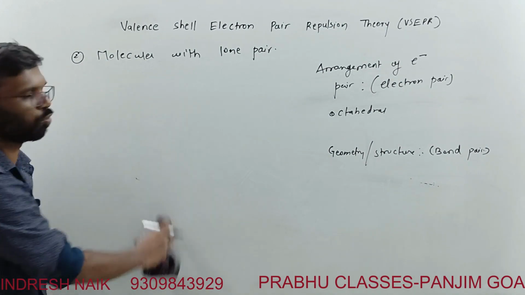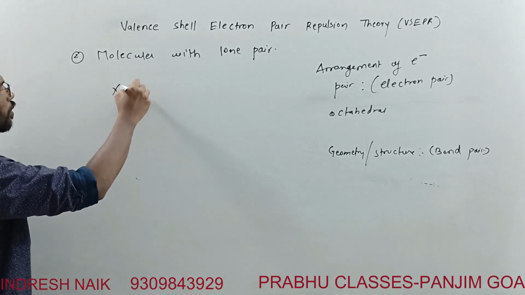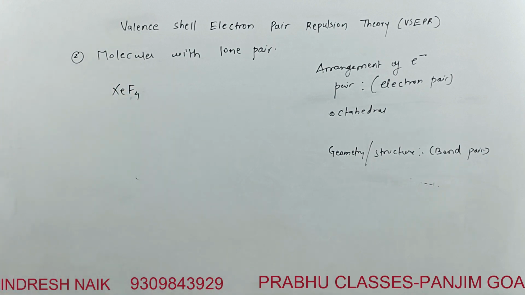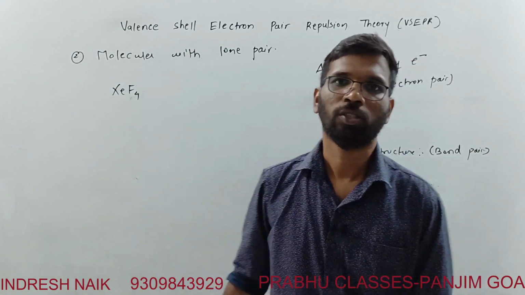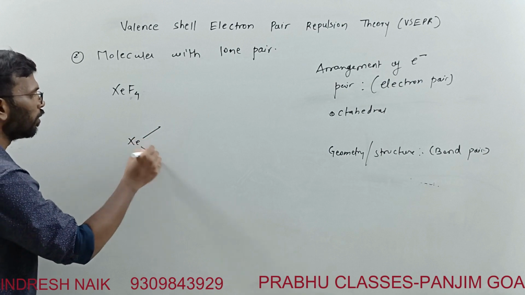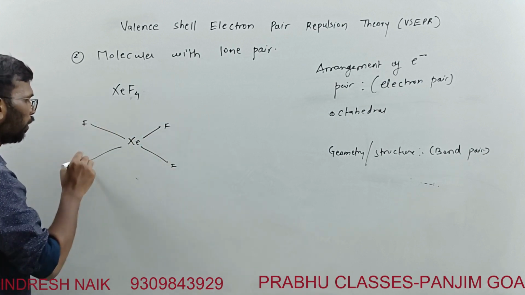Next is xenon fluoride, XeF4. So xenon is a noble gas. It will have 8 valence electrons, right? Out of which 4 are utilized for bonding. So this is fluorine, and this is fluorine, and fluorine.